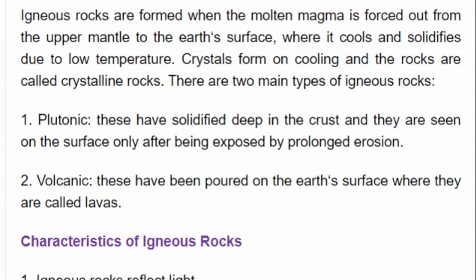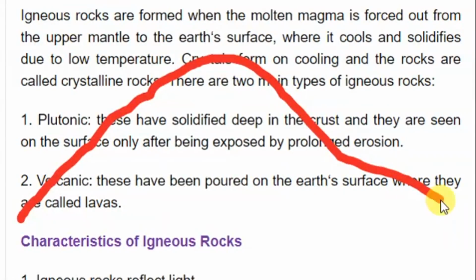So for example, I can illustrate here. Let's say here we have the earth's surface, and then we have the rock which is inside here. This can be categorized as plutonic.